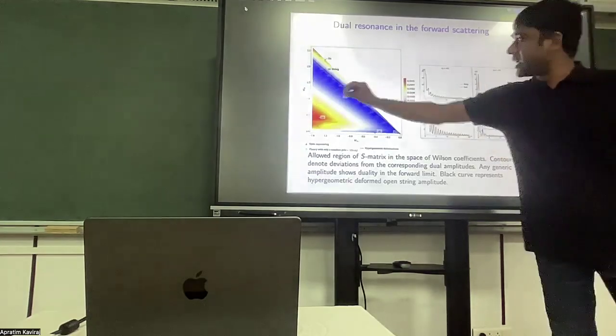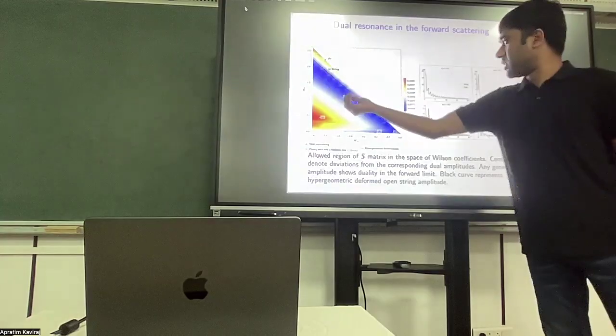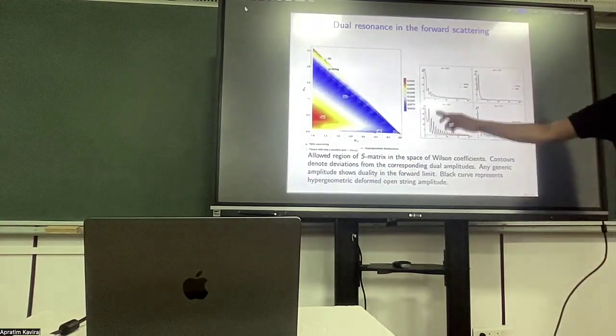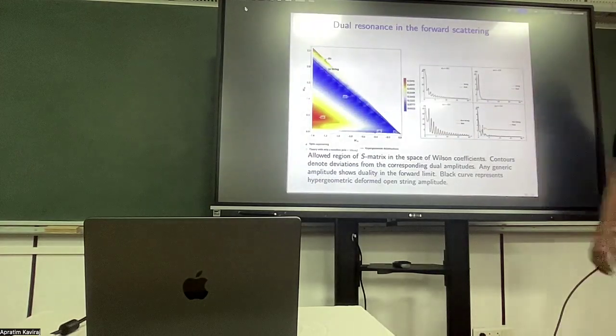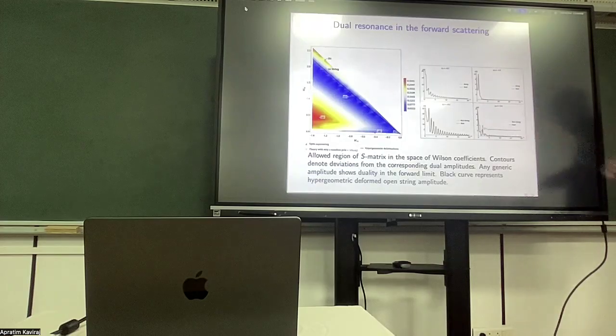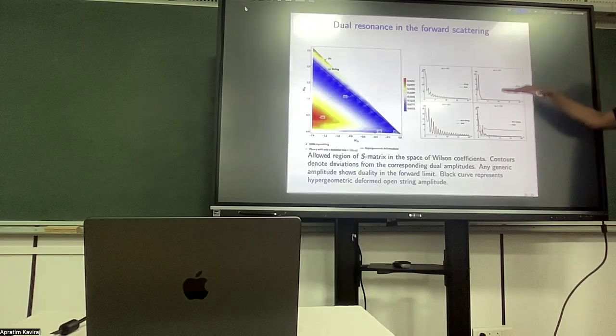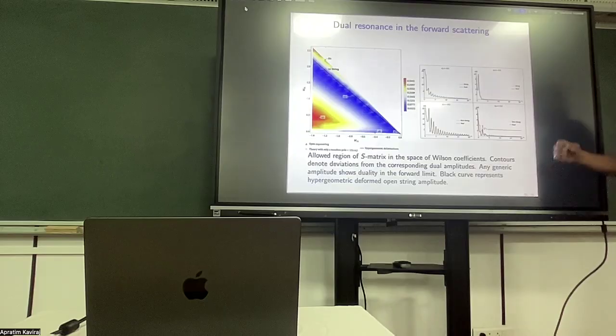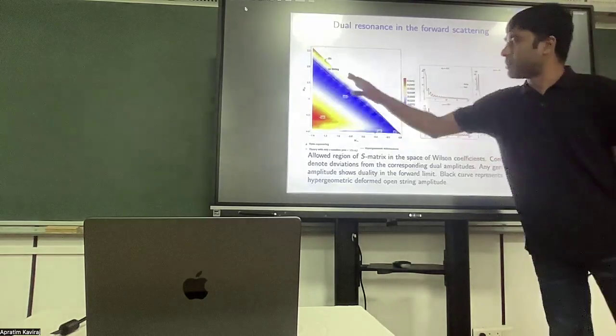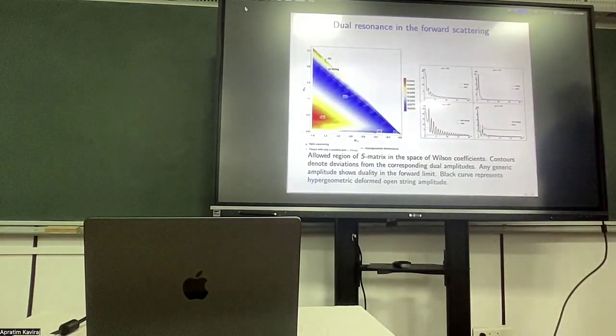But for a random amplitude, somewhere here, if we plot M, then near S2 equal to 0 it is on top of its dual. But as soon as it goes away from S2 equal to 0, let's say for this value, it deviates. So this is the deviation. What is actually happening is that all other amplitudes are scalar deformations of the string amplitude.